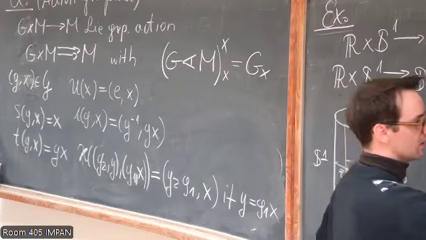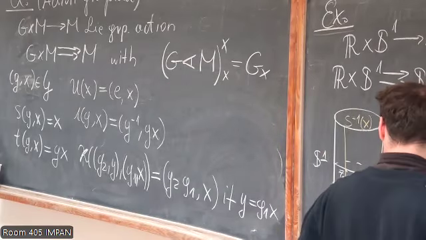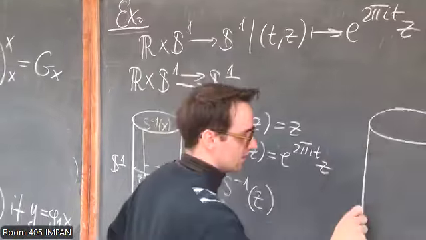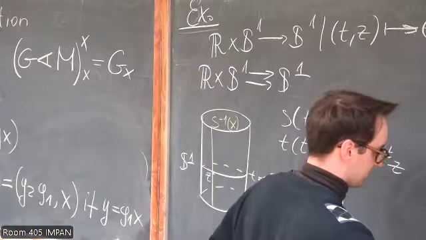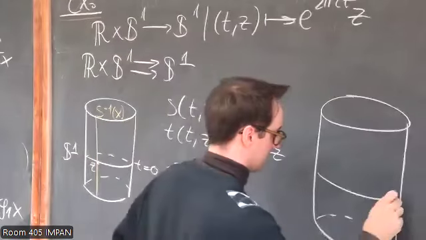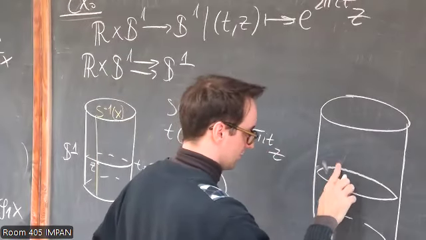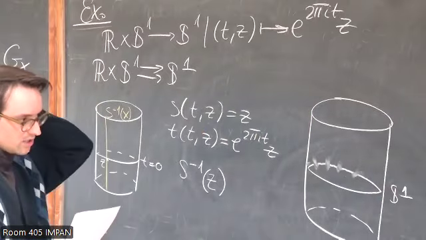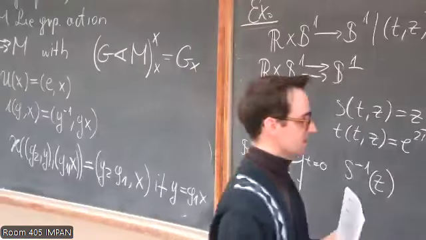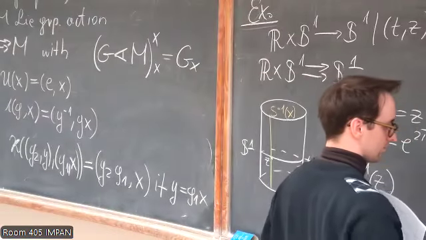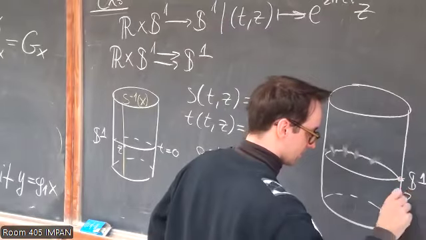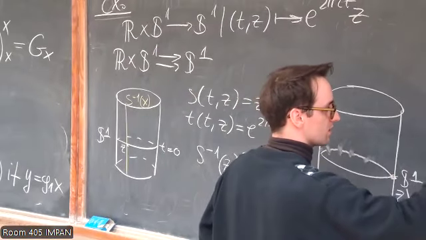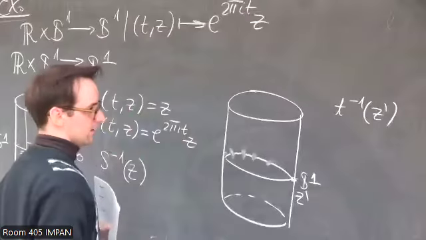So what are the P fibers? So P fibers, as you can imagine, are the helices. So this is not C prime. So what are the fibers of C prime?